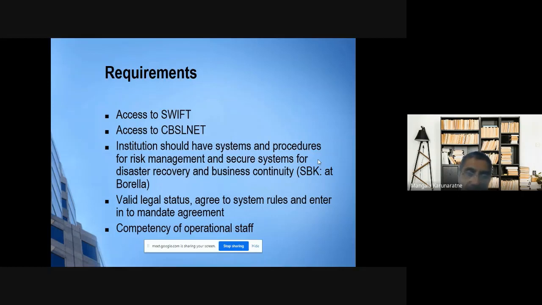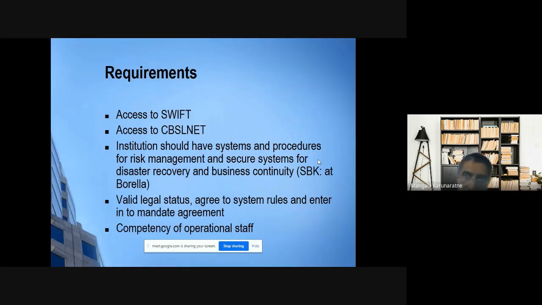Institutions should have systems and procedures for risk management. Now, these are actually the internal things that we need to look into. So risk management and secure systems for disaster recovery and business continuity. Now, when you have a system-driven operation, you need to have a DR site, right?